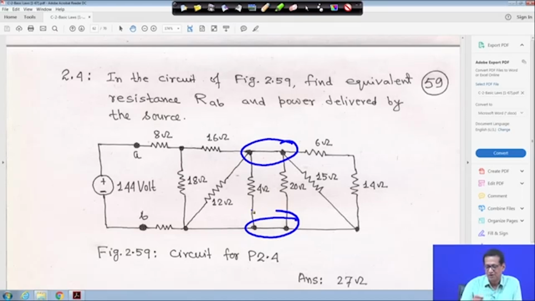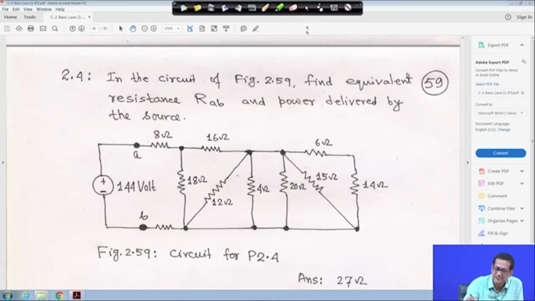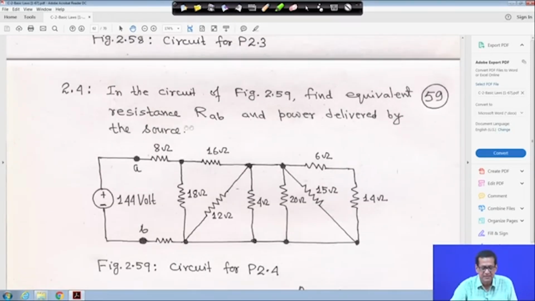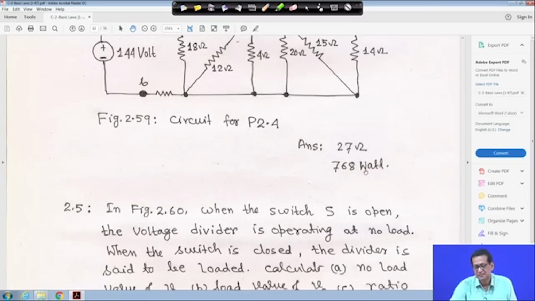So, accordingly you will solve it, and this 6 ohm and 14 ohm are in series. So, I am cleaning it. The answer given is 27 ohm, and also given is the power delivered by the source, that means the 144 volt source is there, how much power is being delivered. So, here it is 760 watt, 68 watt answer, right.